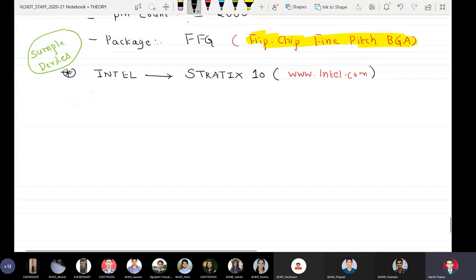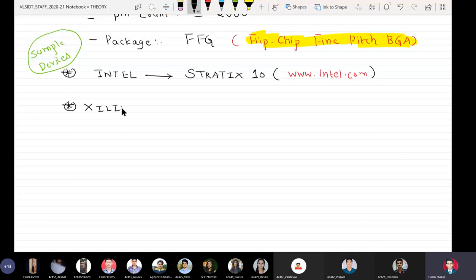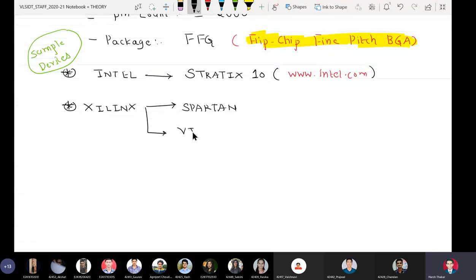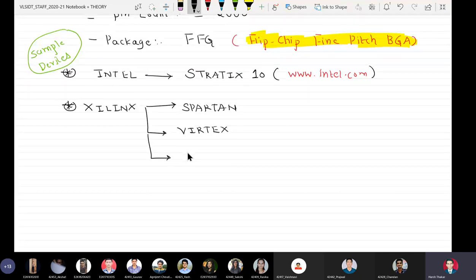And amongst Xilinx, we have Spartan, Vertex, Artix, and Kintex.